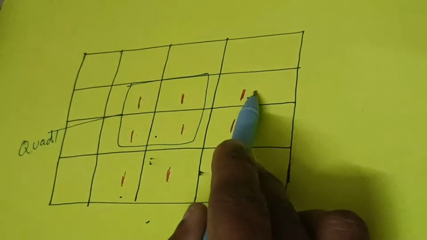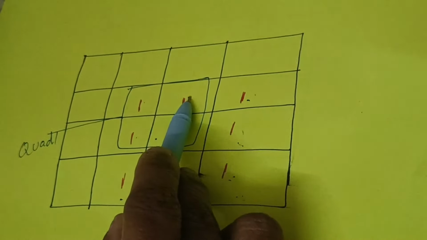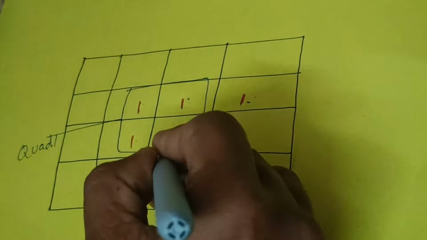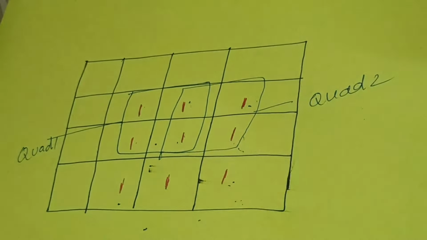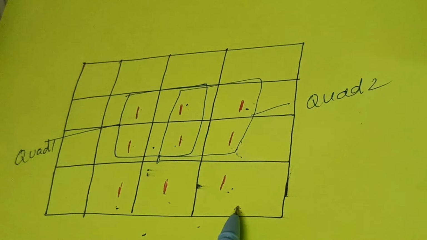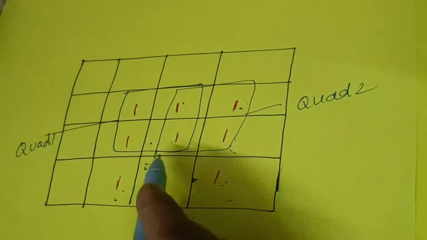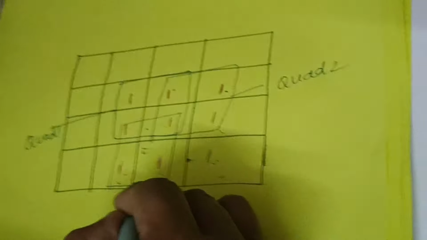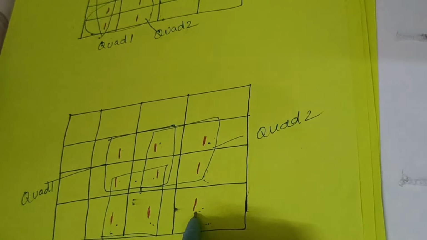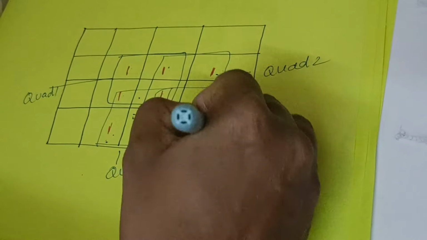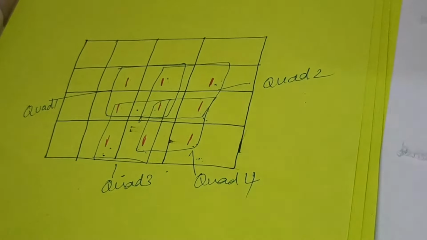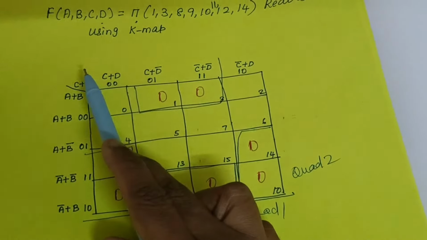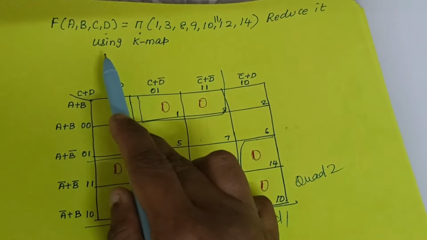Now these two, which are already grouped, you can make quad 2. After this, only 3 remain. Again these two you have to group as quad 3. Again one is left out, so you have to do it with quad 4. So totally how many quads? 4 quads are there.